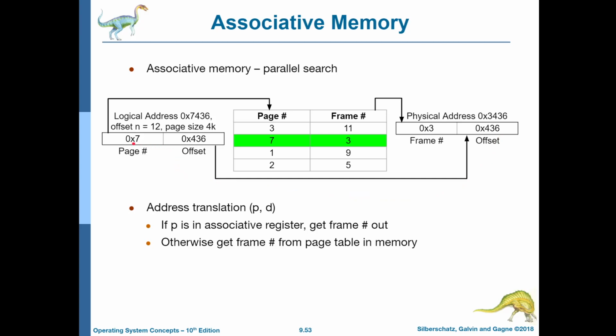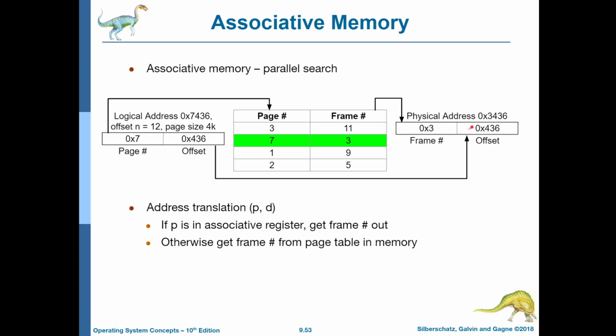The page number first goes to the TLB. Now, in order 1, so in constant time, that number 7 is looked up within the TLB. The TLB will find the page number associated with its frame number and will copy that frame number into the physical address.